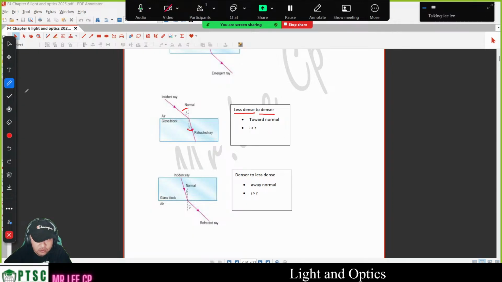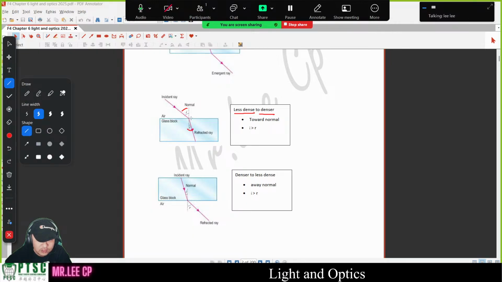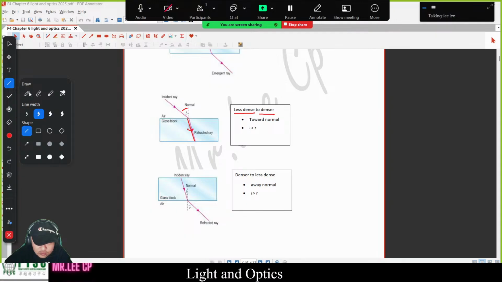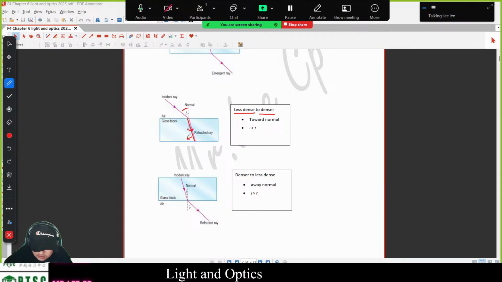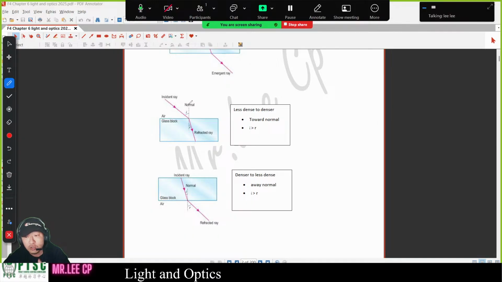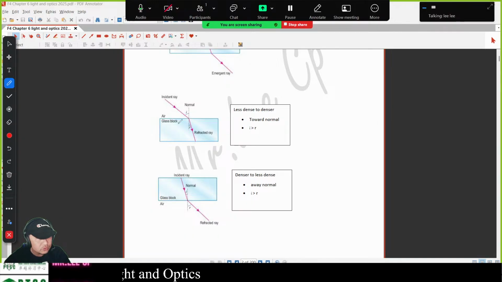What is meant by bend toward normal is, it is supposed to go straight, right? But it bends near to the normal, near to this normal here. This is the normal line. So you need to know where the normal line is. The normal line is 90 degrees to the surface at the entry point, right here.